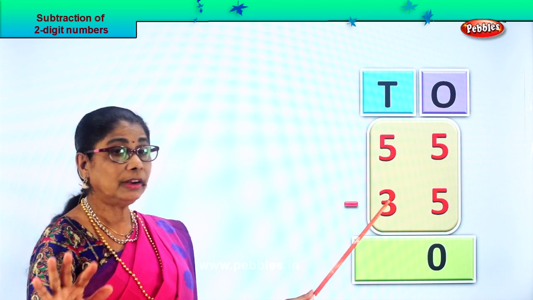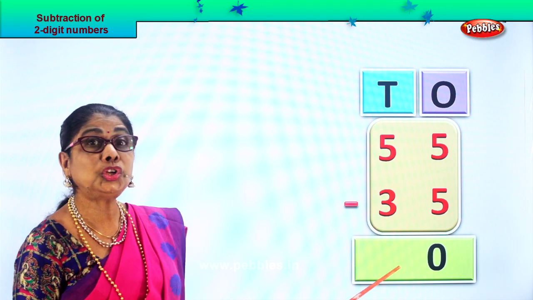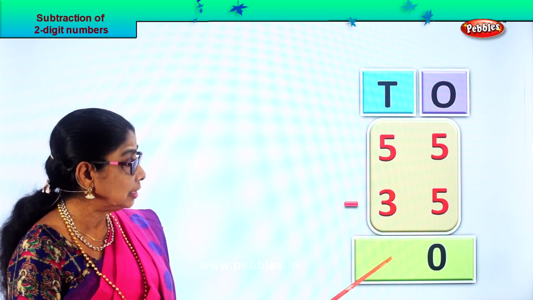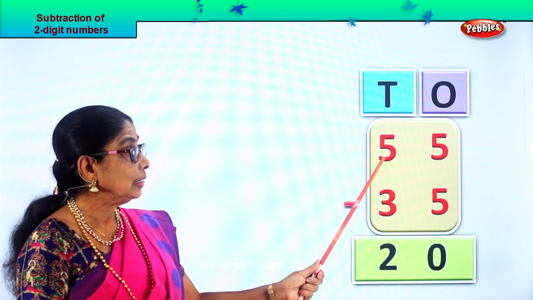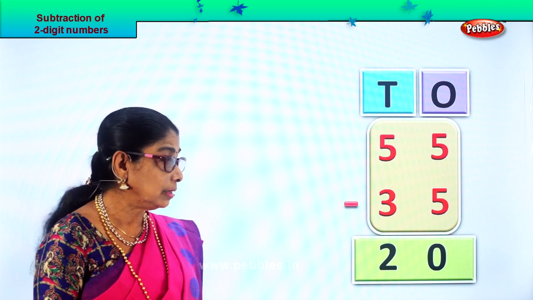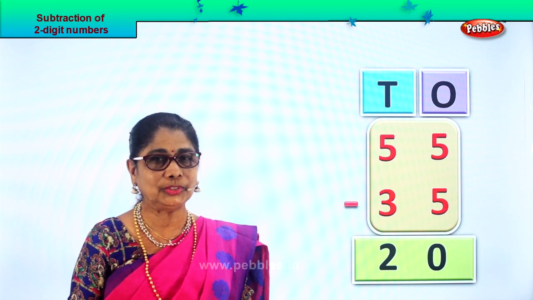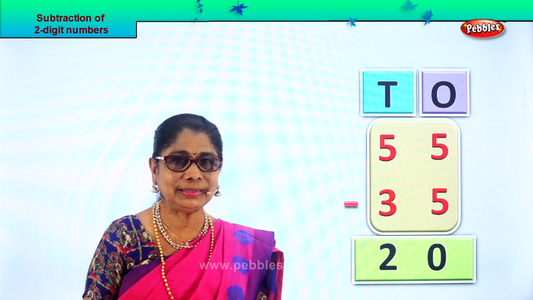How many left? You are left with 2. So your answer is 2 tens. 55 minus 35 gives you the answer 20. That is 2 tens. Did you enjoy subtraction?